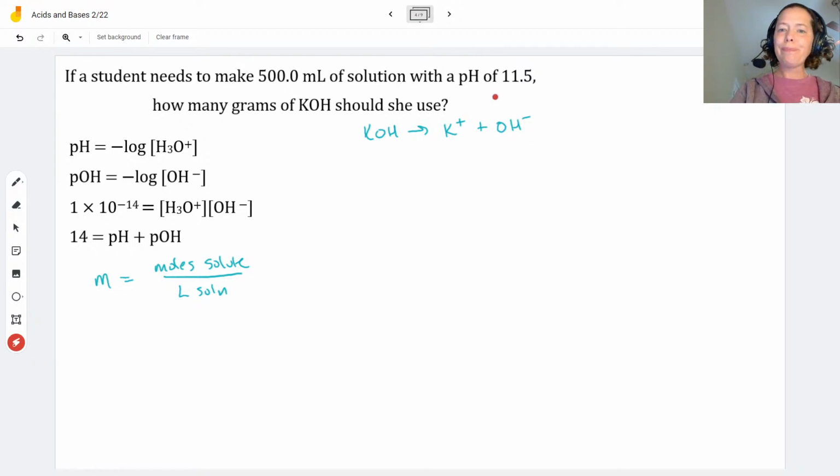Well, if I have a pH of 11.5, all right, that makes sense. It's a high pH. This is a base. What if I converted this to pOH? So here is an equation I can use to convert pH into pOH, or calculate pOH. So let's go ahead and do that.